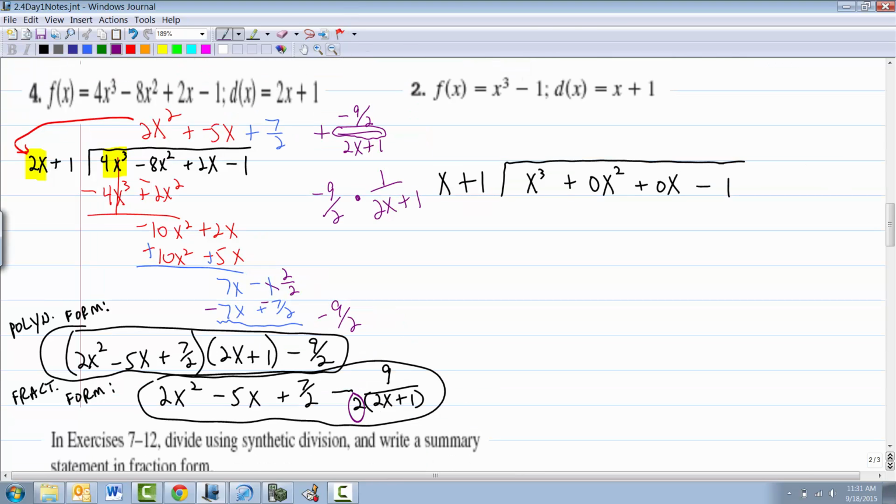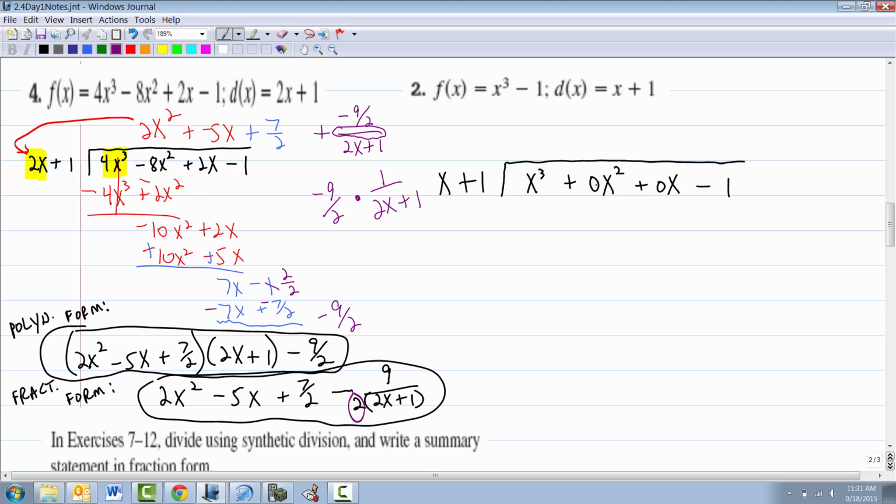Now, we're going to come back to this when I show you the connection with synthetic division. But do keep in mind that when I'm dividing into x cubed minus 1, it's a good idea to leave spaces for the missing terms. So write them as 0x squared and then 0x, and then go through the long division process.